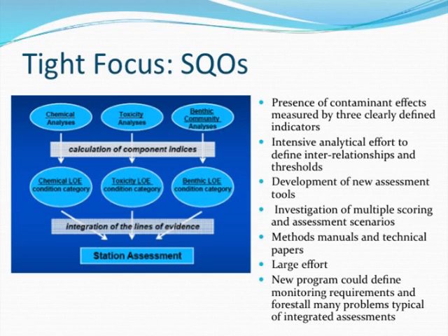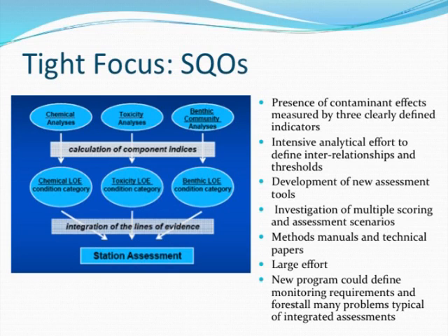So the sediment quality objectives was a state water board effort, and that had a very, very tight focus and a tight question, which was to look at and measure and quantify the effects of contaminants on benthic infaunal communities in estuarine environments along the coast.